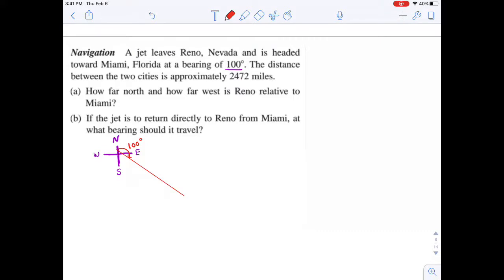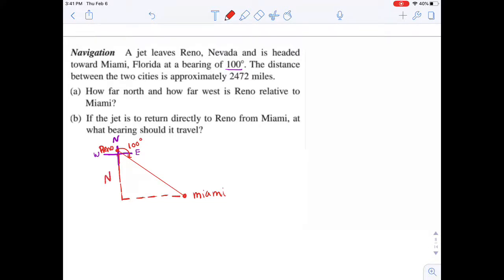So I'm leaving Reno. This starting position is Reno, and I'm ending at Miami. We want to know how far north and west, so I'm going to have to extend my north-south line here. I want to know how far north, and also how far west.